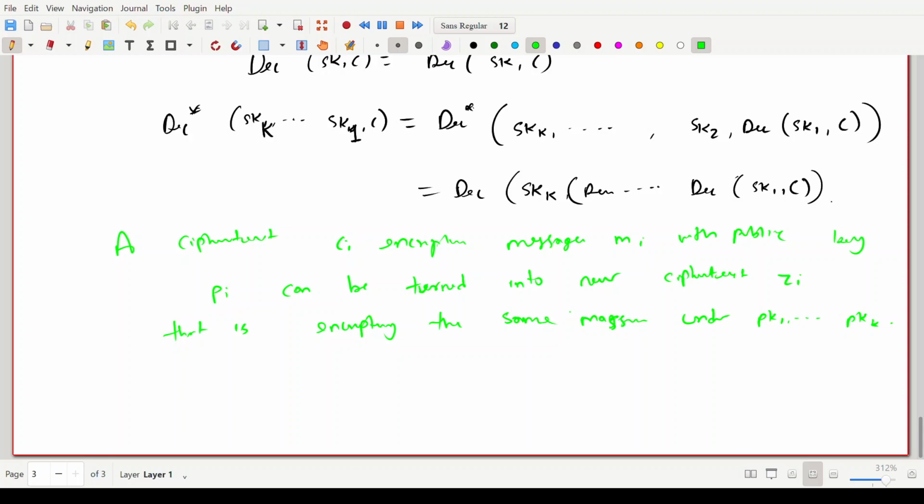Now, once this new ciphertext zi is encrypted by all the public keys, then for every message we can do the same thing. Then we can homomorphically evaluate any circuit actually. Homomorphic operations can be done keeping in mind the order of the keys involved. That's what I told you.